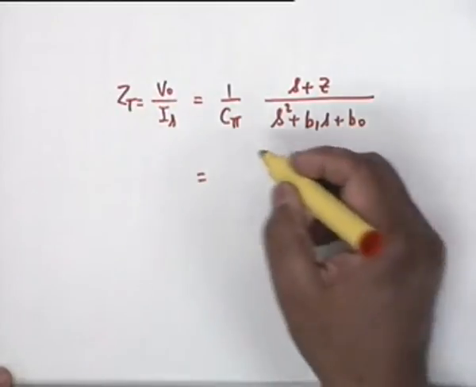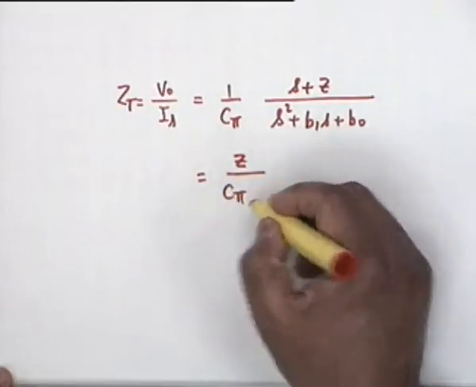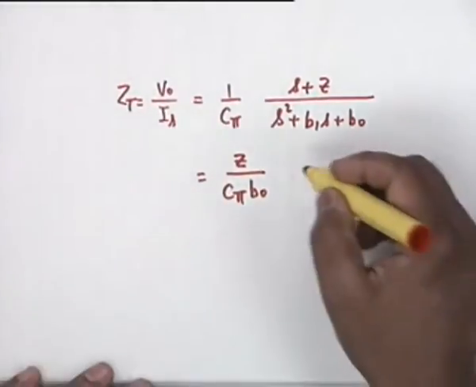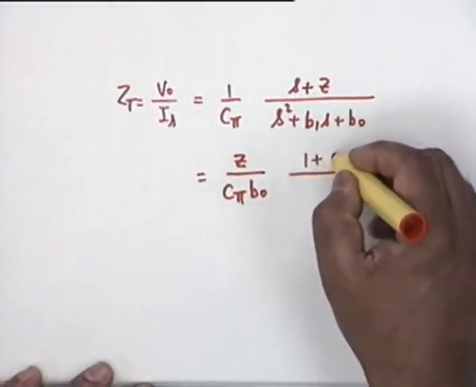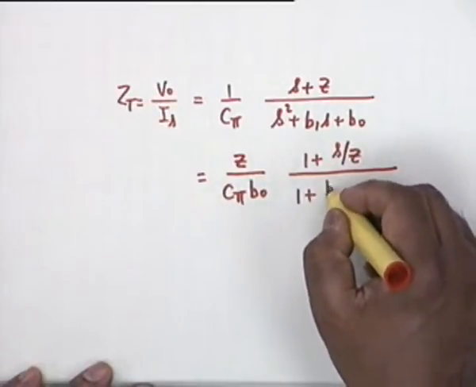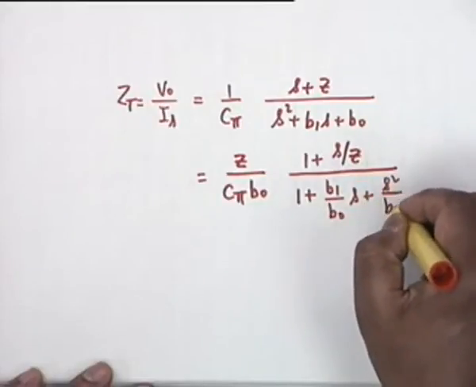Obviously, this can be written in the following form: Z over C pi B0, this is the mid-band gain, and then 1 plus S by Z, 1 plus B1 by B naught S plus S squared by B naught.